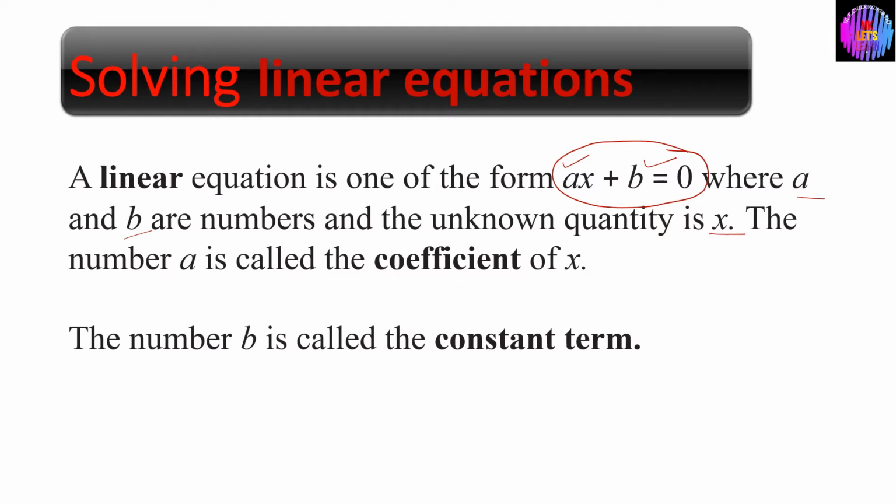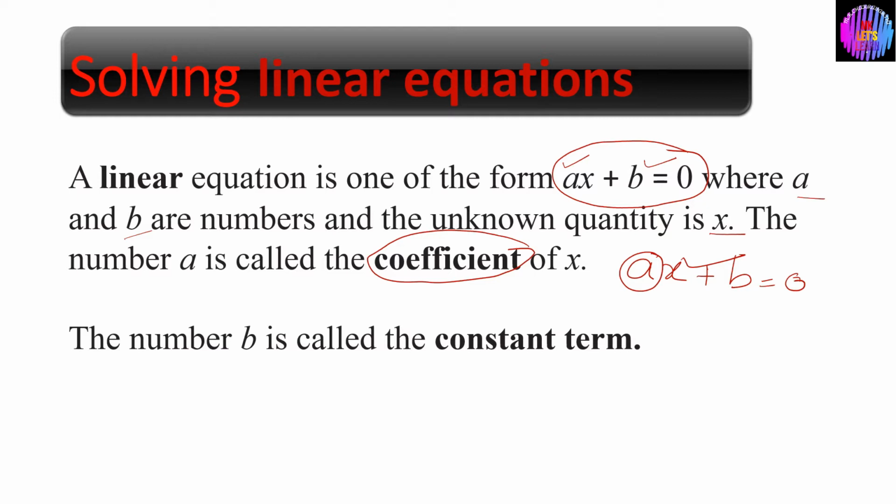Here the number a is called the coefficient of x. Ax plus b equal to 0 is a form of linear equation, and here a is the coefficient of x.